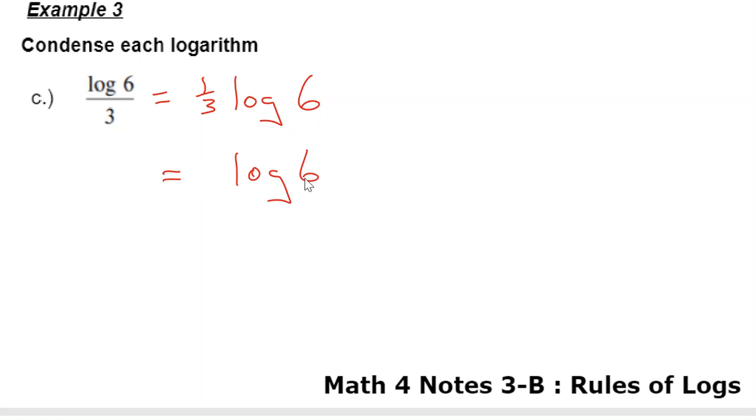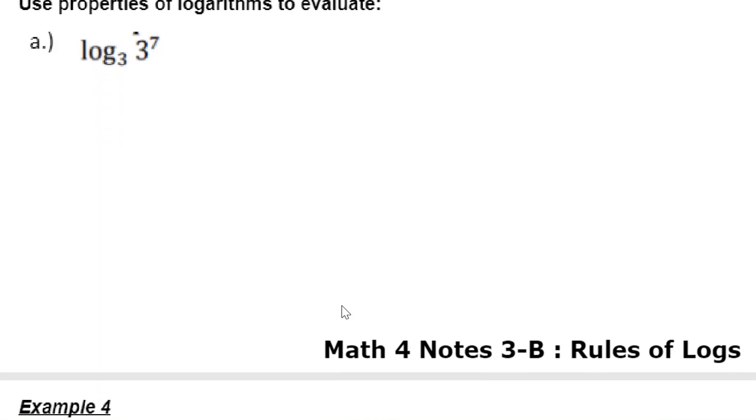Which means I can do this. Which means I can also do this. I actually would accept it at either level unless they specifically told you to leave it with rational exponents or leave it as a radical. Either way is acceptable unless they're specific.